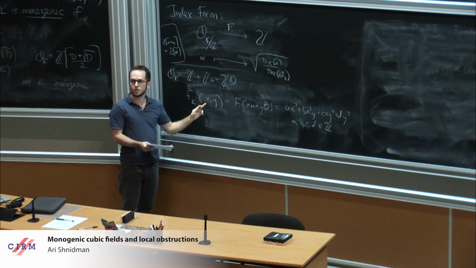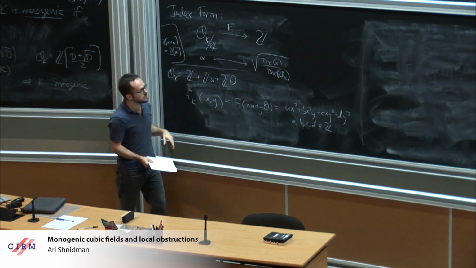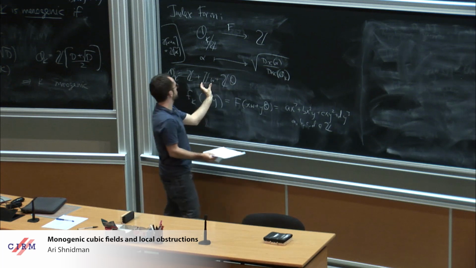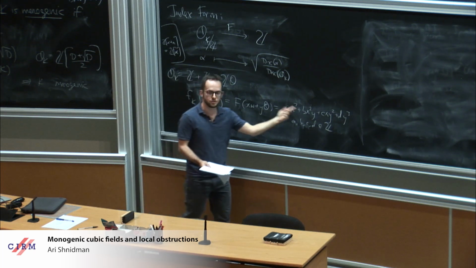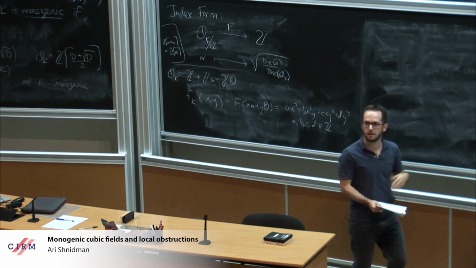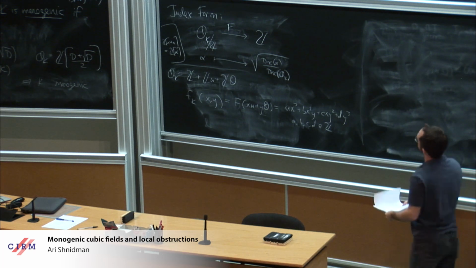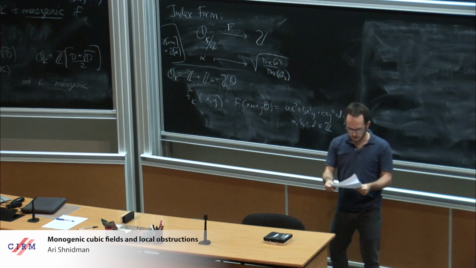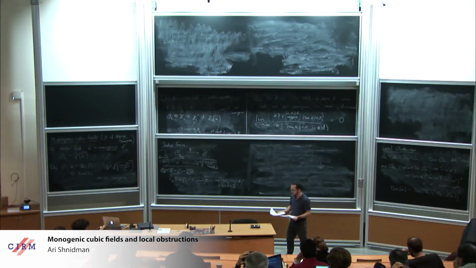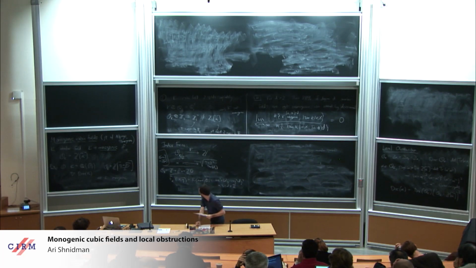It depended on my choice of basis, but if I choose a different basis of the ring of integers, then that will change the cubic form by the action of GL2Z, the matrix that changes the basis. And just tautologically, K is monogenic if and only if this cubic form represents 1 or minus 1, but it's a cubic form, so representing minus 1 is the same as representing 1.